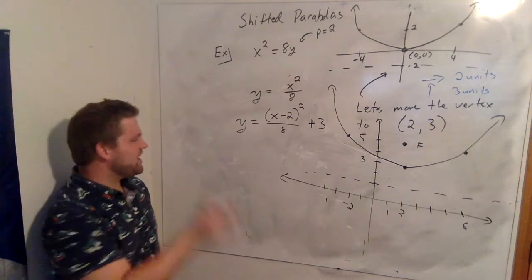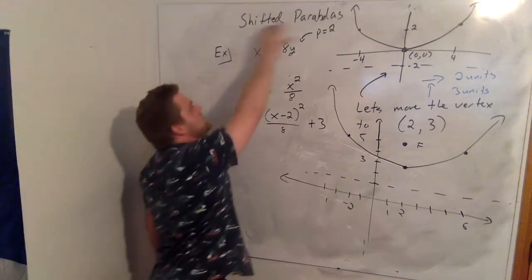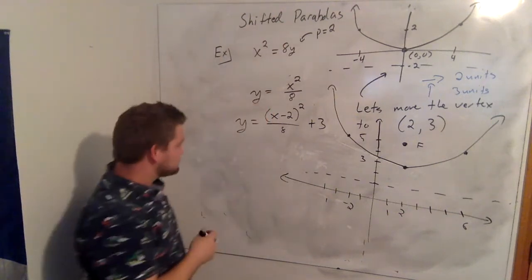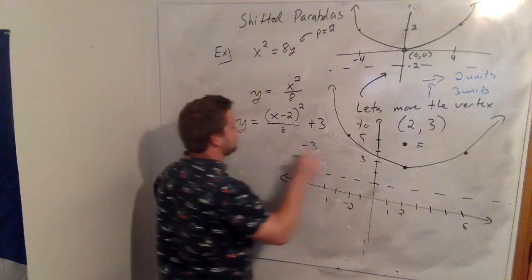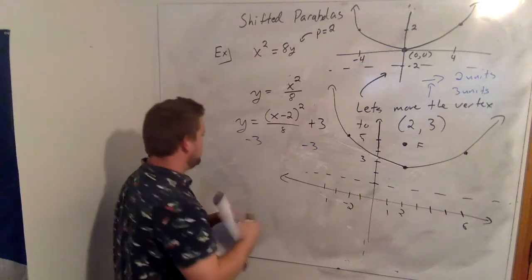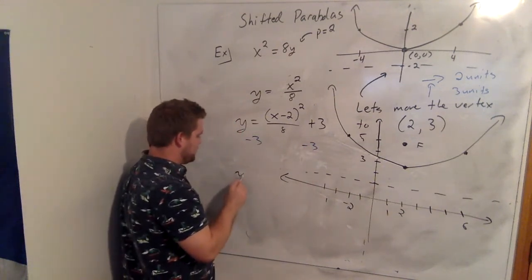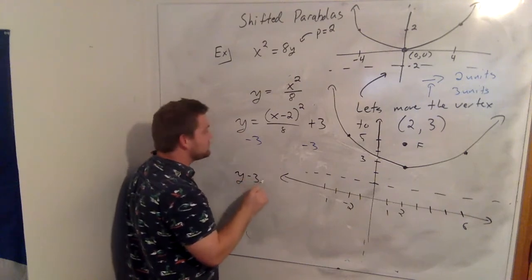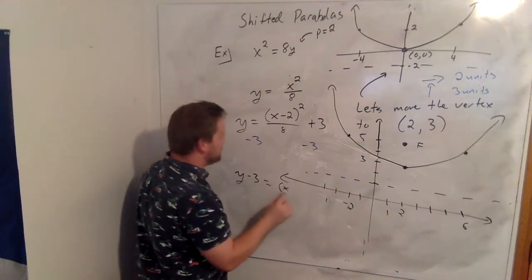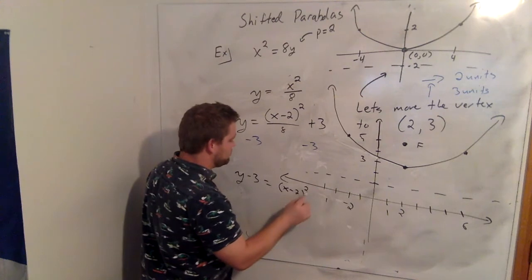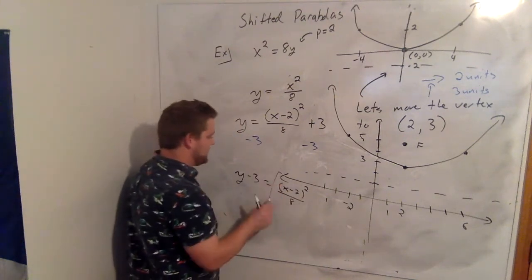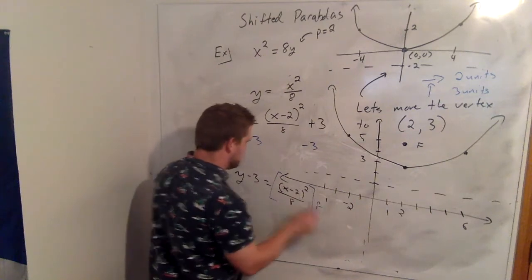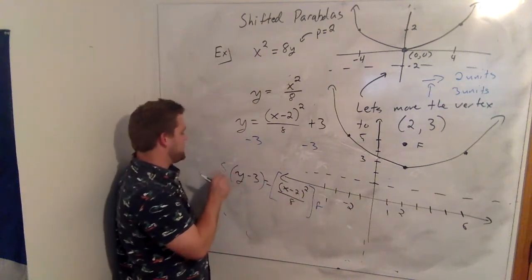But let's say I go backwards and get it into this form here. I'm just going to subtract 3 from both sides. You'll see why I'm doing this in a second. So here we'll be left with y minus 3 is equal to (x minus 2) squared all over 8. Now let's multiply both sides by 8.